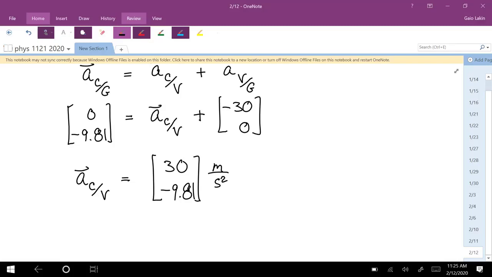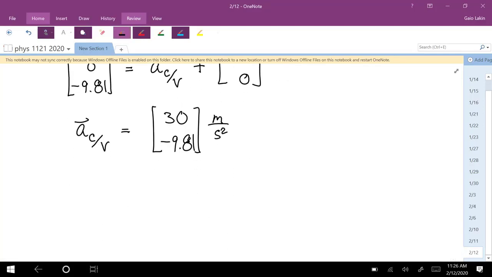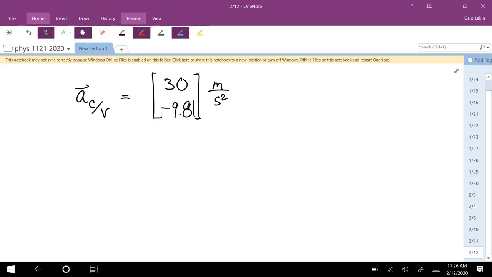But to an observer in the car, and also that observer on the ground on the street watching it would see the car accelerate the other direction. Okay, so let me draw this. So here's the coffee cup.